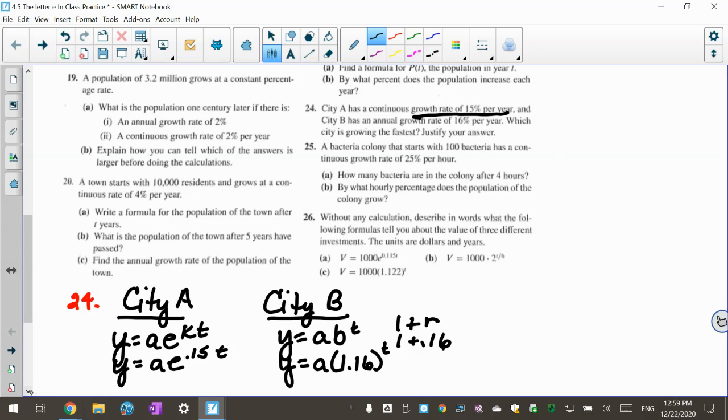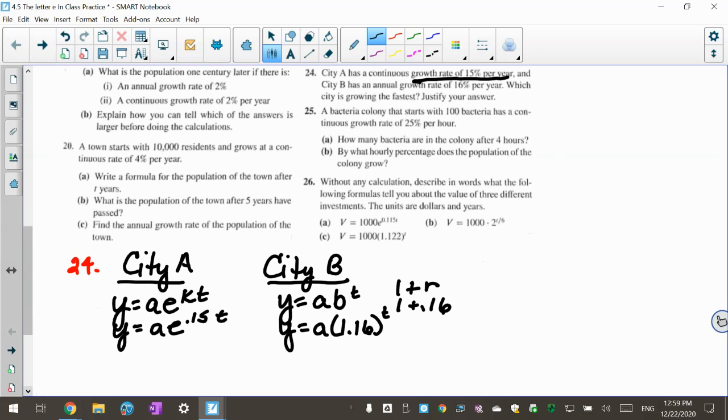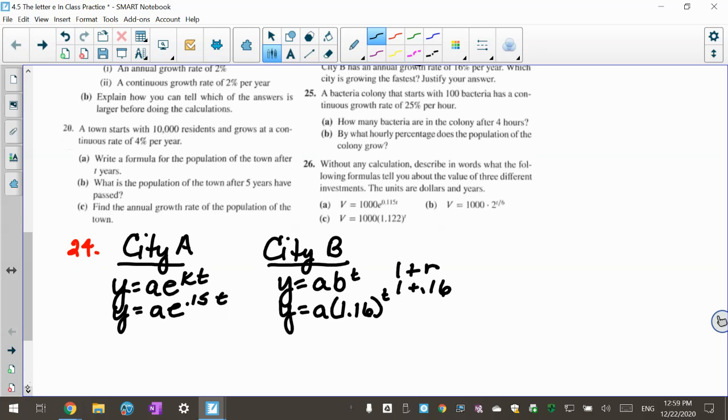What they want to know is which one is actually growing faster. We can show the justification with math, but in my head I already know this is growing faster because this is continuous. This one I know is growing 16% per year, and that's annual. Let's look at e to the k.